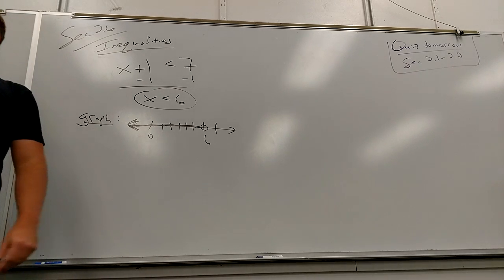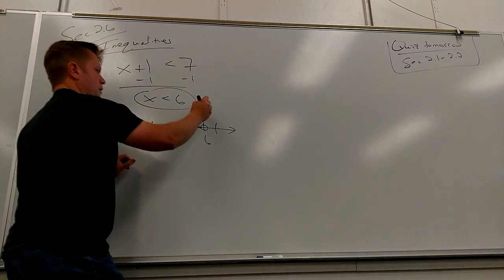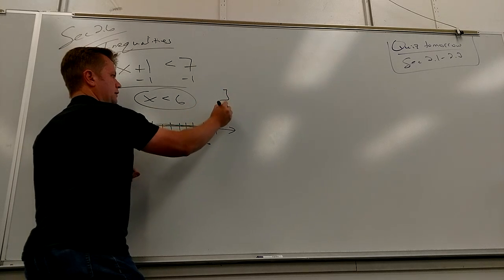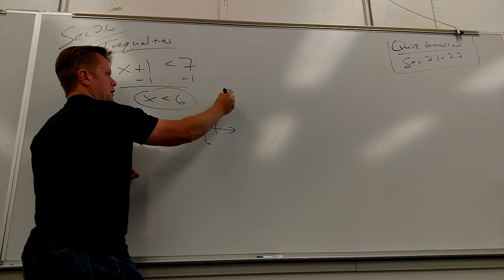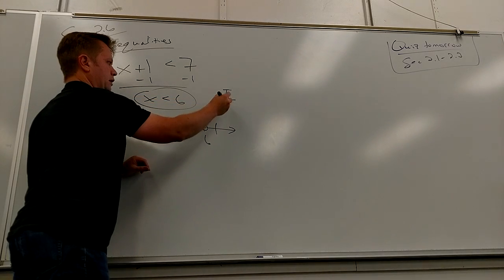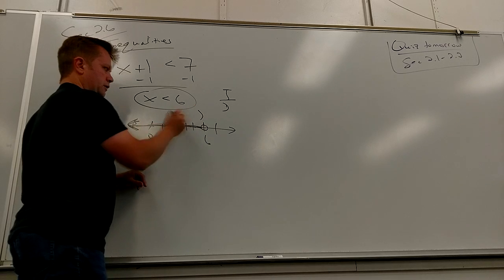Could you do the brackets, like the two brackets? Remember, the bracket, I always teach that it looks like part of an I for include, and the parenthesis looks like part of an open circle. So here I would use a parenthesis.